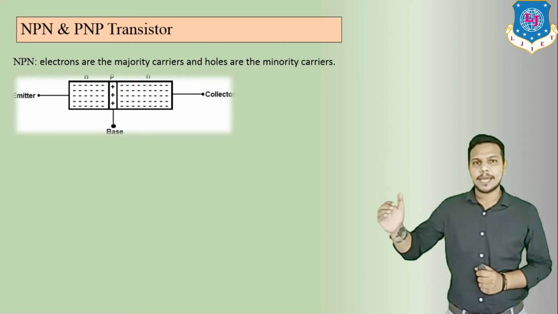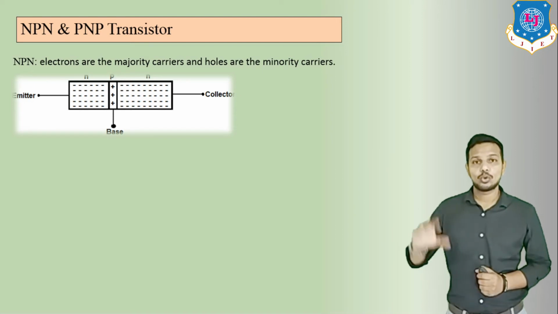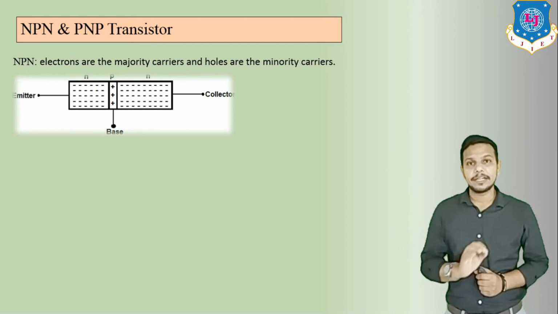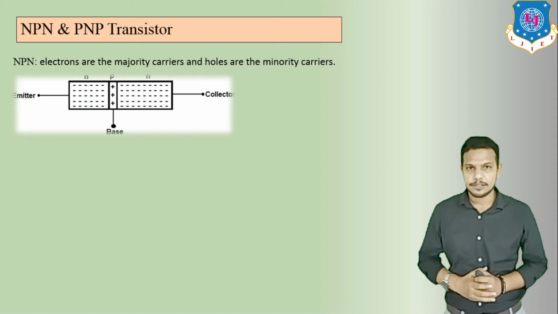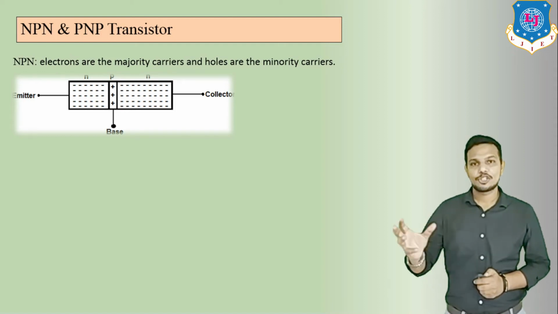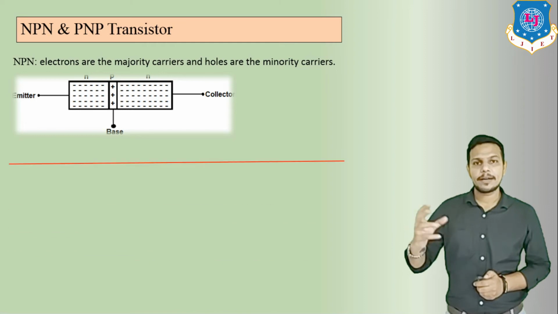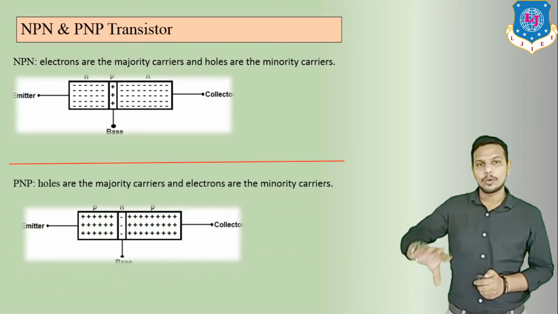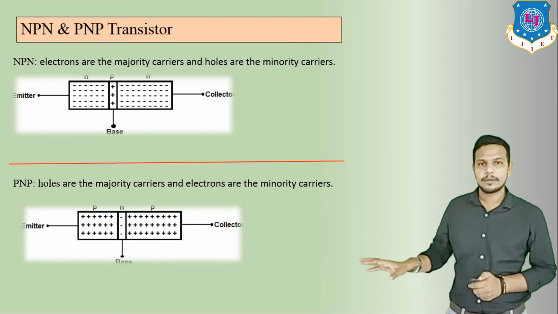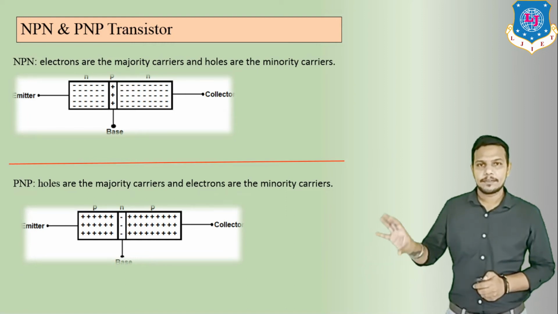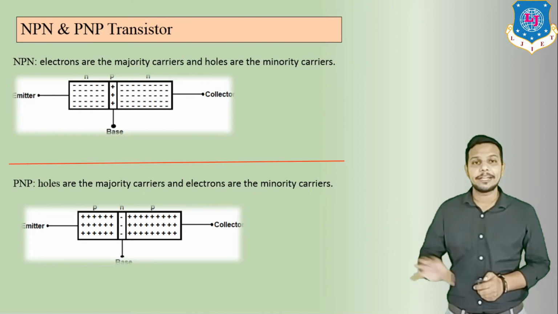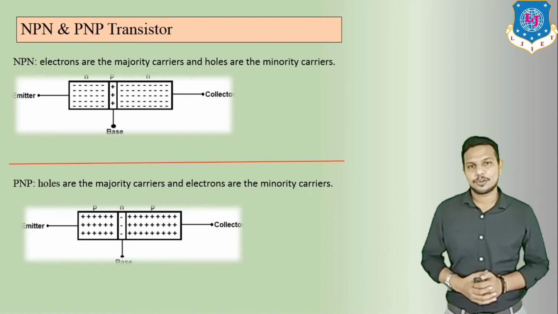So emitter, base and collector. This is the unbiased condition of an NPN transistor. Basically, NPN and PNP transistors in unbiased condition look like this. In PNP, the majority carrier charges are holes and the minority carrier charges are electrons.